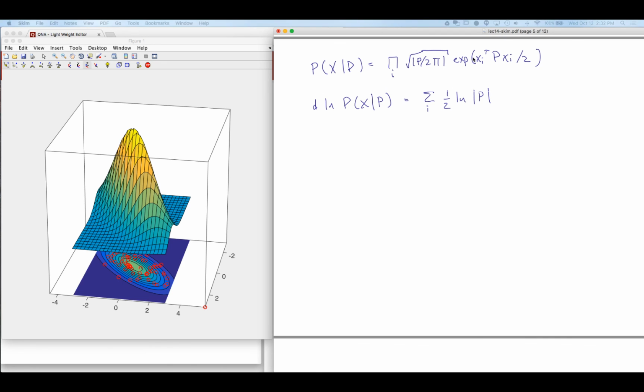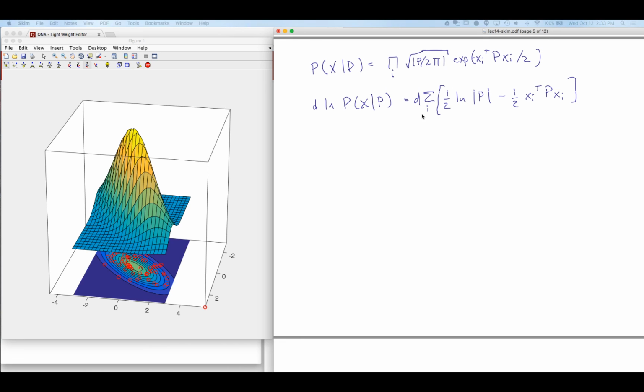Oh, and this should be a minus here. Minus 1/2 xi transpose P xi, and we would like the differential of that.